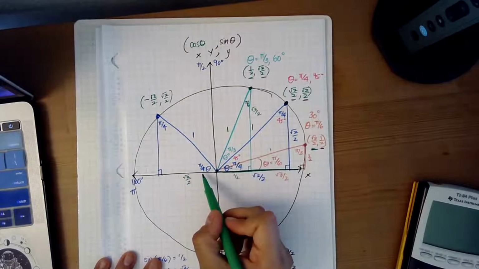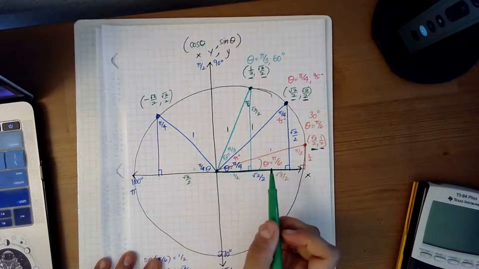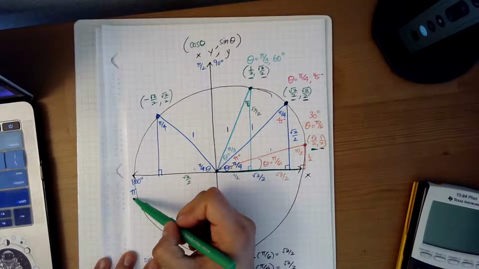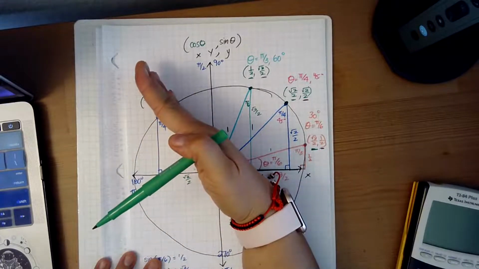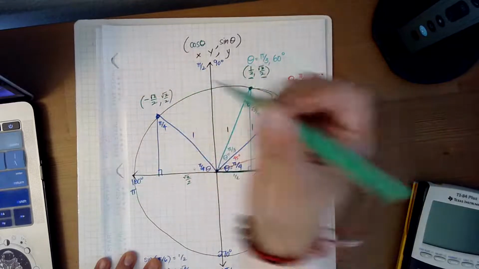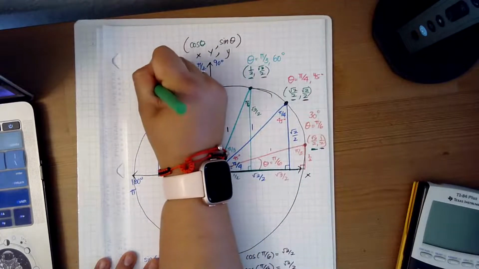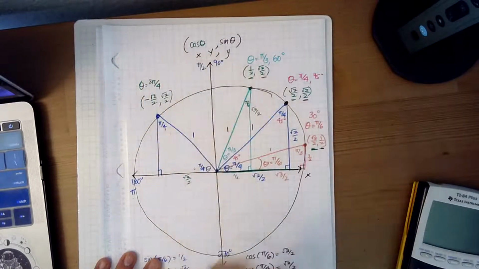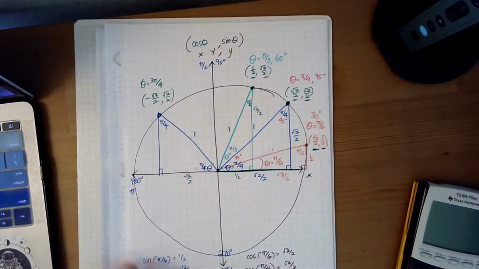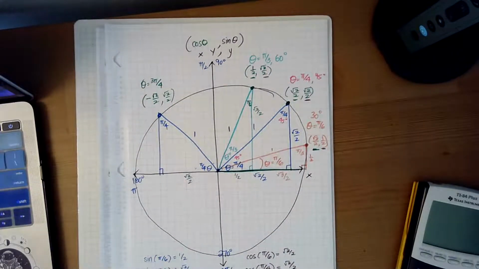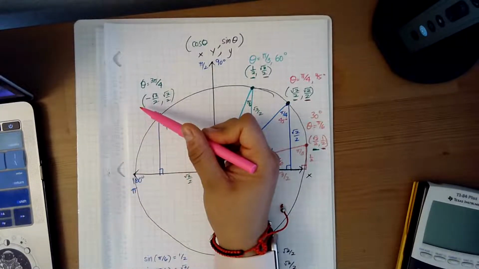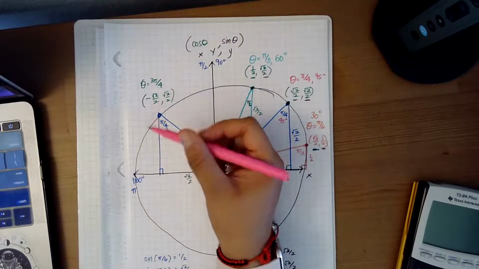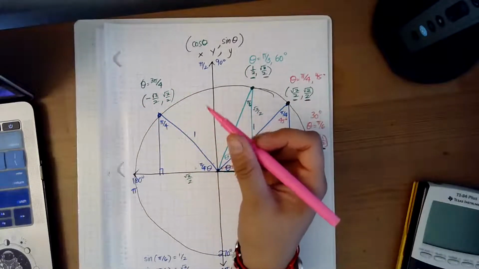But let's talk about this angle, because this angle is no longer pi over 4. Remember, this is pi, and if I'm taking away pi over 4, my theta here is now 3 pi over 4. Okay, which means that if this is 180 and I took away 45, then this angle right here is what? 135.